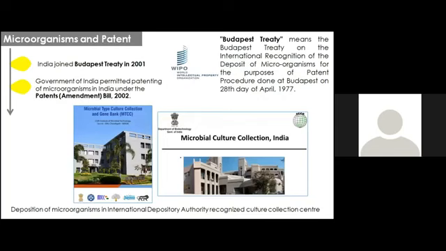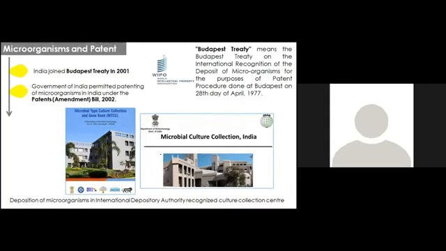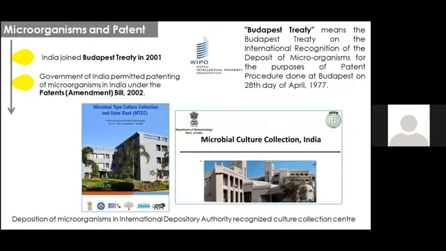The Budapest Treaty is a treaty for the international recognition of the deposit of microorganisms for the purpose of patent procedure. The Budapest Treaty was first formulated in 1977 in Hungary. However, India became part of the Budapest Treaty in 2001.